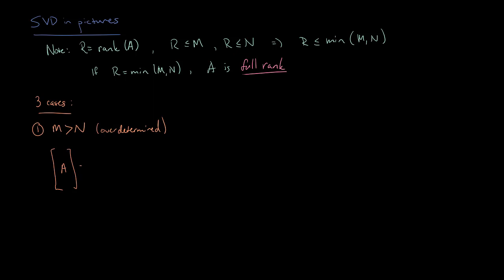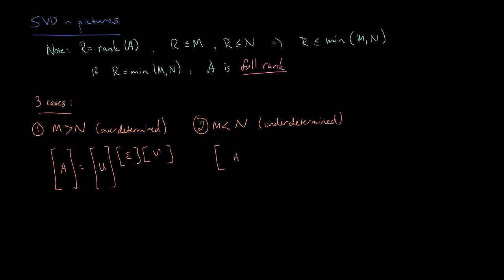And in this case, m is going to be much bigger than r. So U is a tall, skinny matrix, but sigma and V transpose will be square matrices. In contrast, if m is less than n, this is the underdetermined case, and A is a short, fat matrix. In this case, we have the opposite setting where n is much bigger than r.